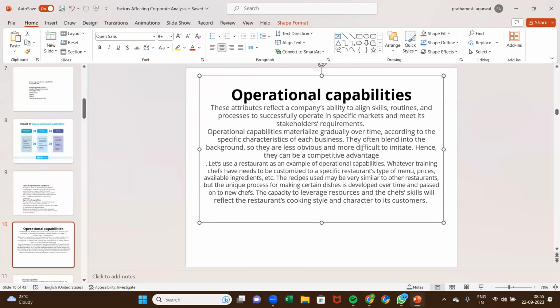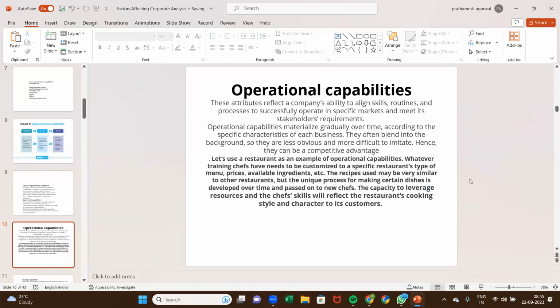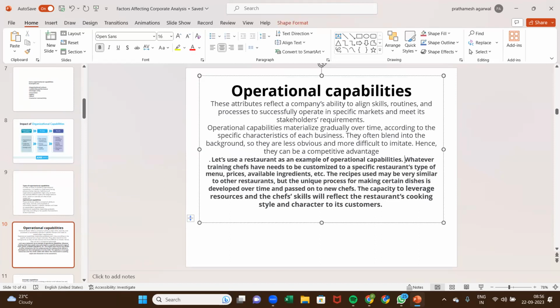Now let's see, I'm giving you an example of a restaurant, okay? Now, let's use a restaurant as an example of operational capabilities. What happens in a restaurant? All right. Whatever training chefs have needs to be customized to a specific restaurant type of menu. For example, I don't know how many of you go to Vaishali, right?